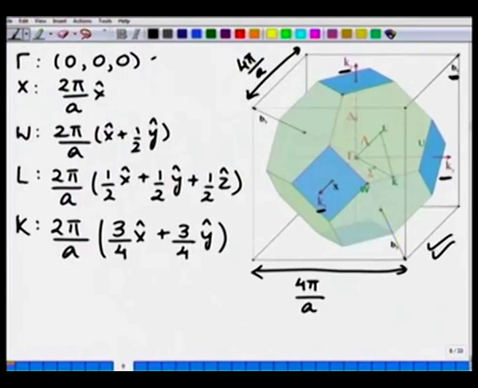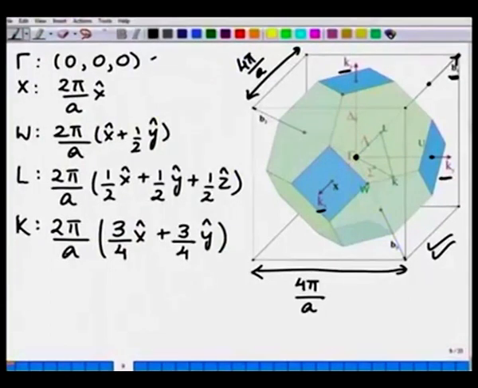From the center point, let us move half in y direction, so we reach here. Move half in z direction, we reach here, and move half in minus x direction, then we reach here. So from the gamma point to this point is the B2 vector. This gamma point of course is just 0 0 0, the center.